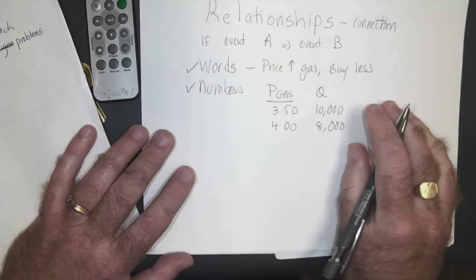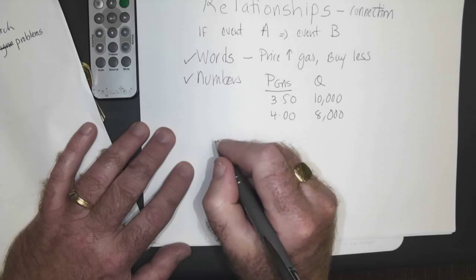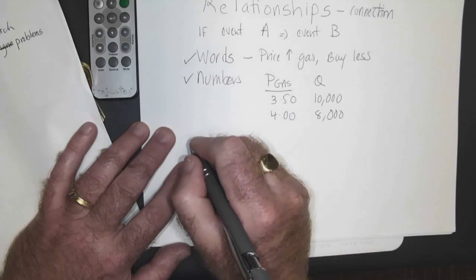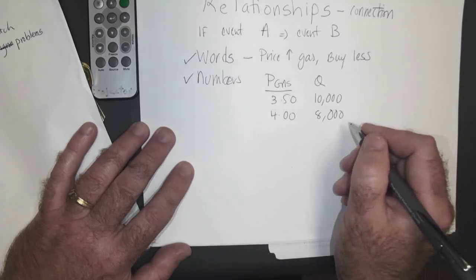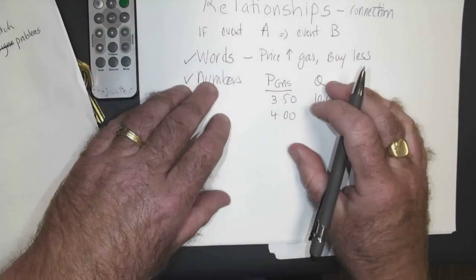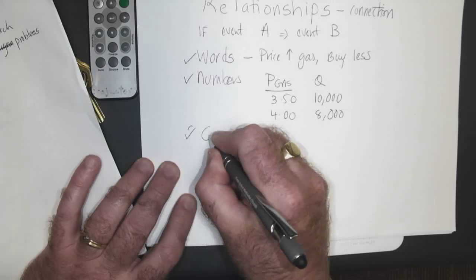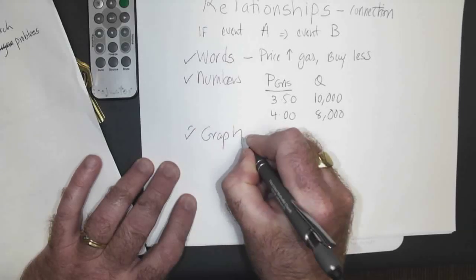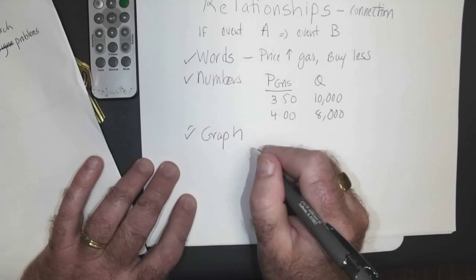So we've covered words, we've covered numbers, and basically, what are we missing here? We're missing a picture, right? Because this is the numbers, this is words. What we're going to focus on last, and more importantly in this class, is the idea of a graph.